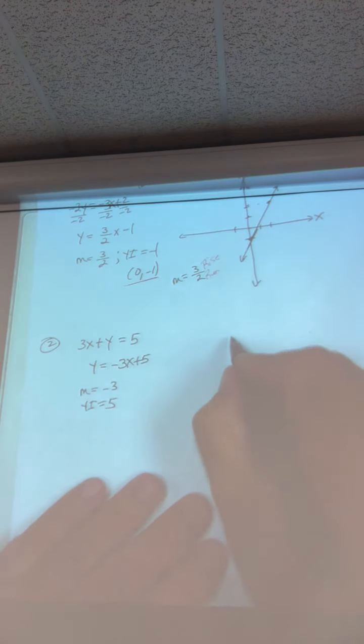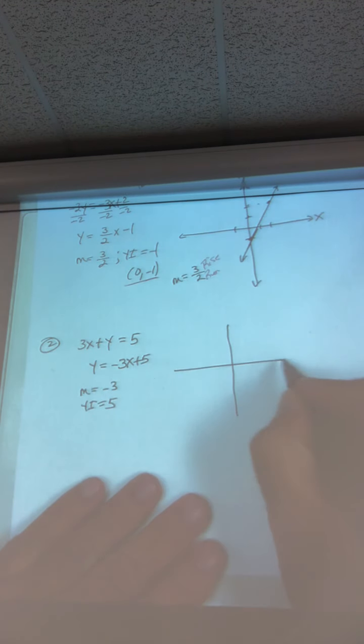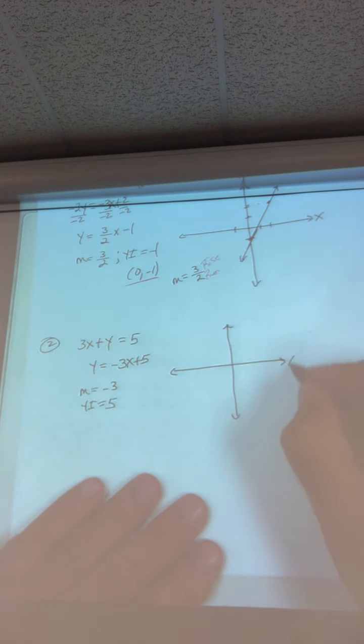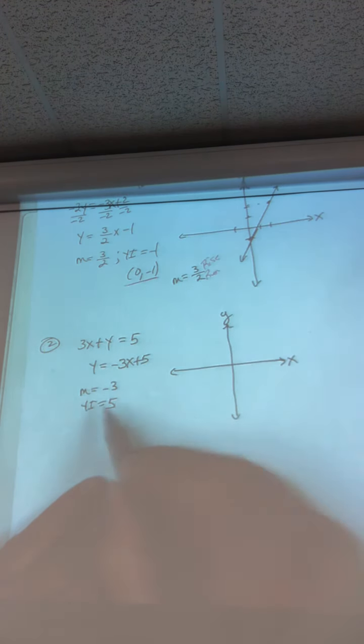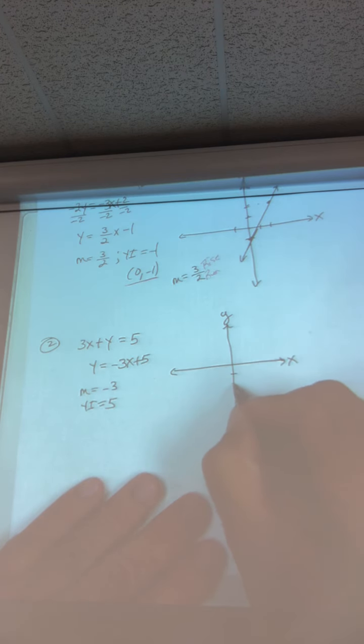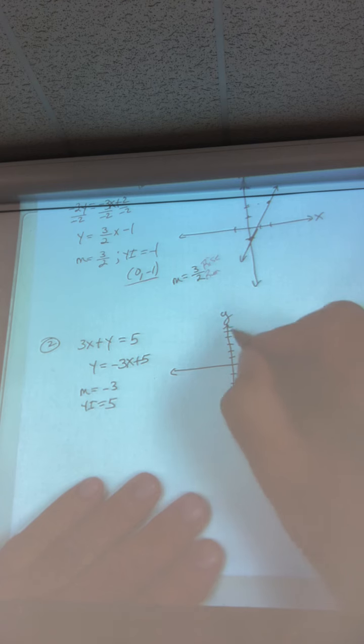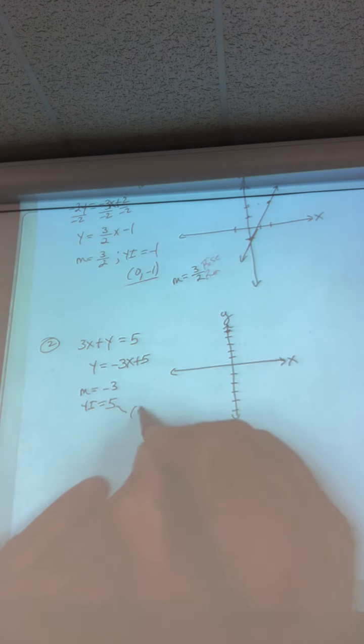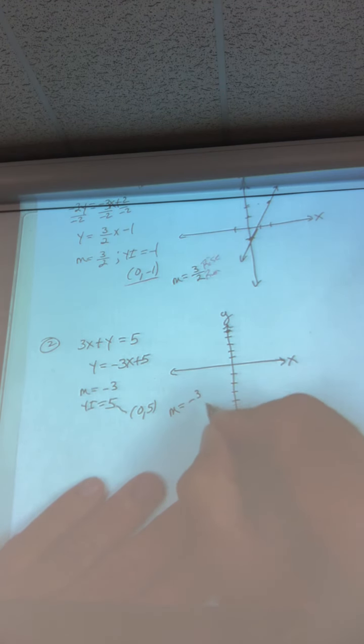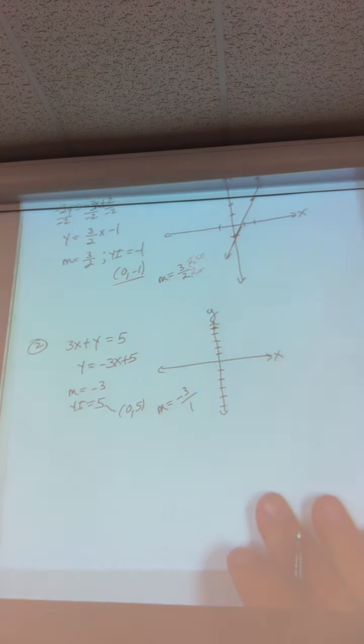Now, to graph this line, plot the y-intercept. I'm sorry, I'm going the wrong way. So the y-intercept is 5. So that's here because this is the point (0, 5). Now the slope is negative 3. Remember, slope is rise over run.